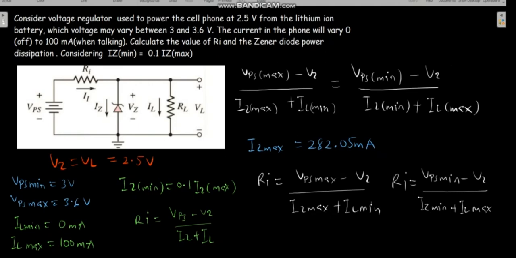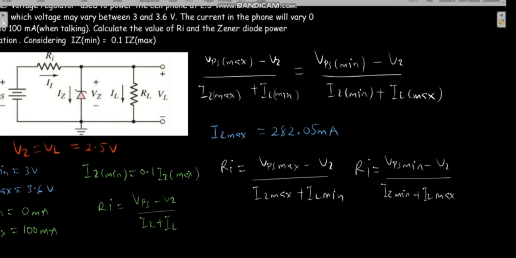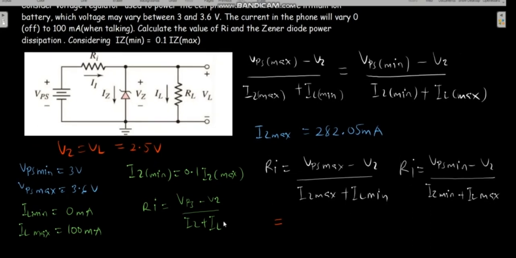Okay, in this case we found Iz max to be 282.05 milliampere, so we can use the first formula here. That will be equal to Vps max, which we got to be 3.6, so 3.6 minus Vz, which is 2.5, all divided by Iz max, which is 282.05 milliampere, plus IL minimum.